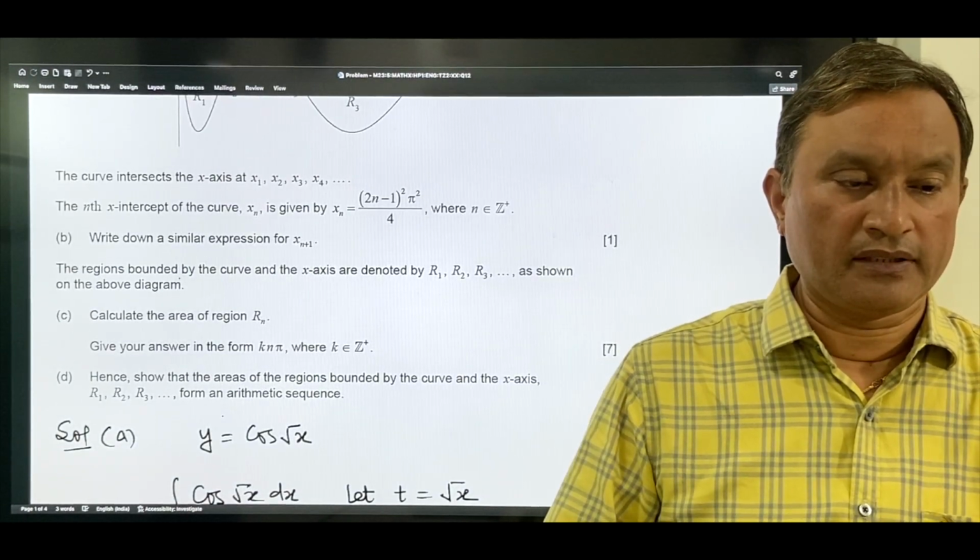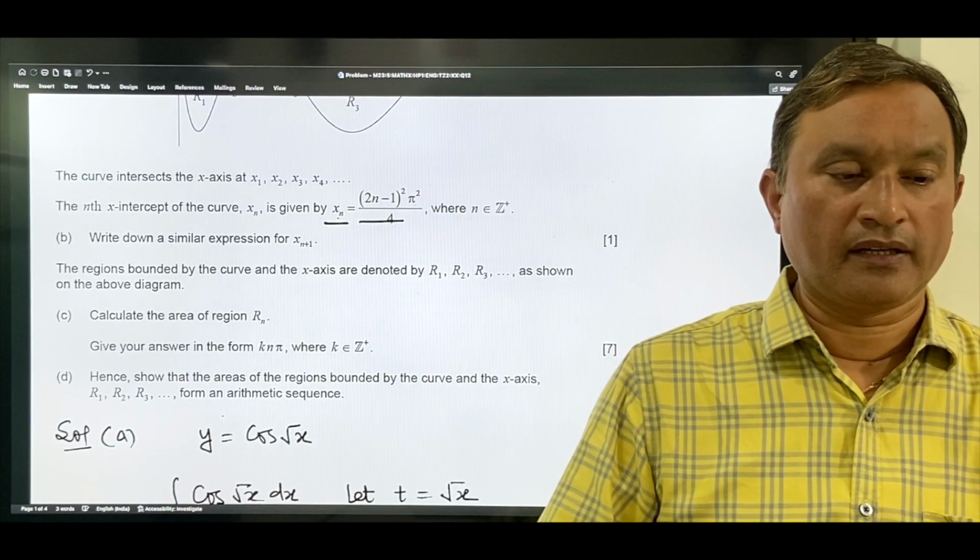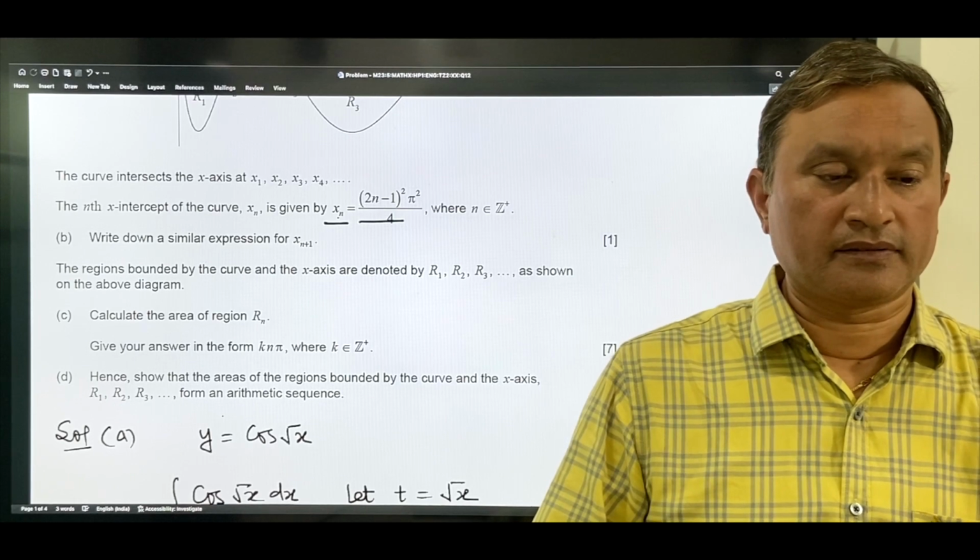In B part, they have given the expression for x.